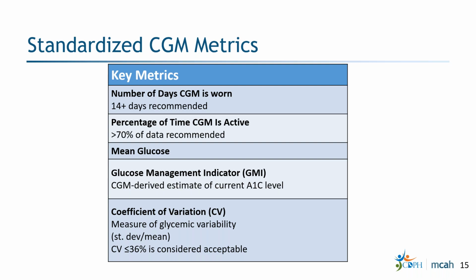And there's an international consensus on time in range that came up with a consensus of, well, what is the ideal when a person is wearing CGM? Now, they recommended, when you're looking at data, to have 14 days with at least 70% of the available data. And the reason they made that recommendation is because when you're interpreting certain metrics, having more data is better.